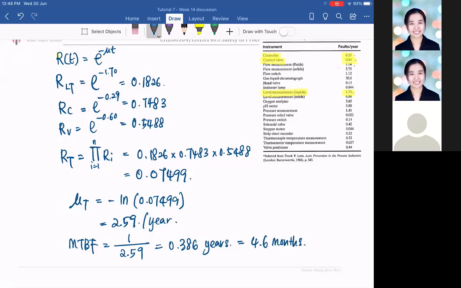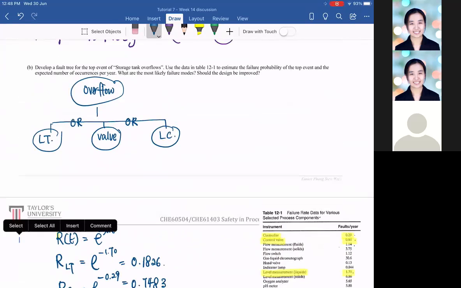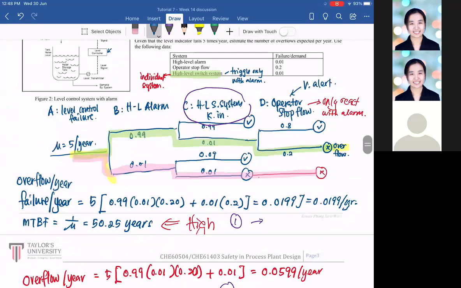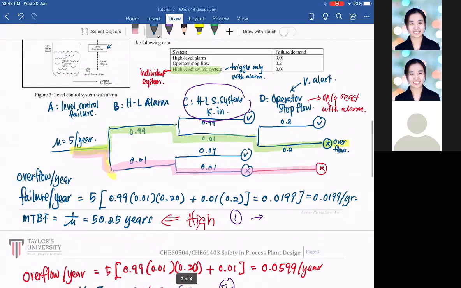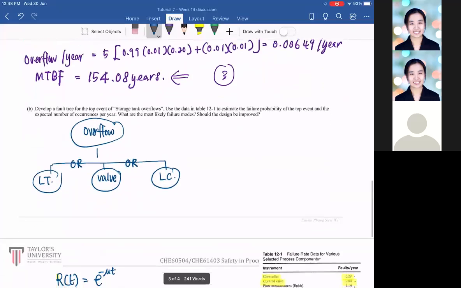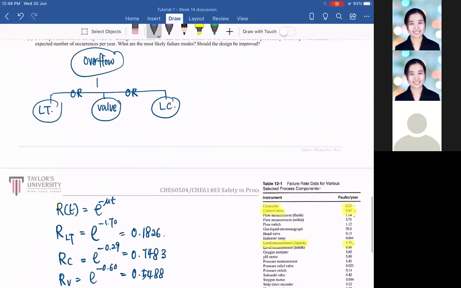Okay, got it? So this is to calculate the system itself, like the potential of the system overflowing. But this eventually tells us how we can prevent it, how we can reduce the overall system failure. When we have these three, what is the potential, or how often do they fail, so that we can take action.